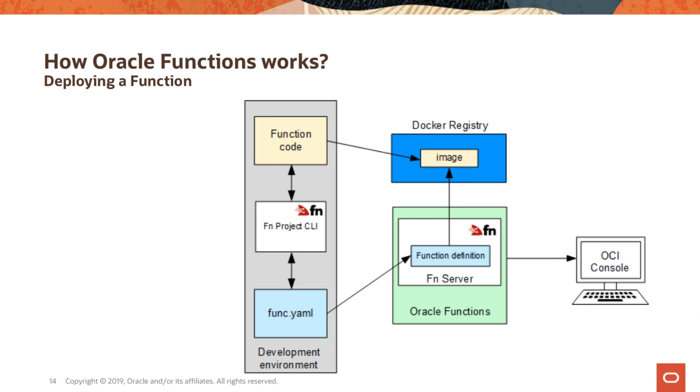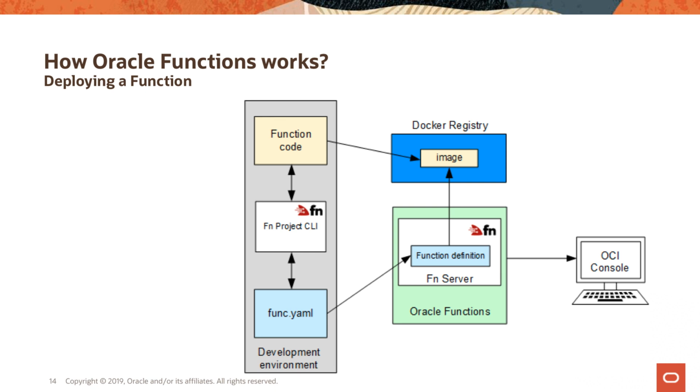You're providing a definition of the function in a YAML file. That YAML file includes some important configuration information, including the maximum length of time the function is allowed to execute and the maximum amount of memory that can be allocated to this function.